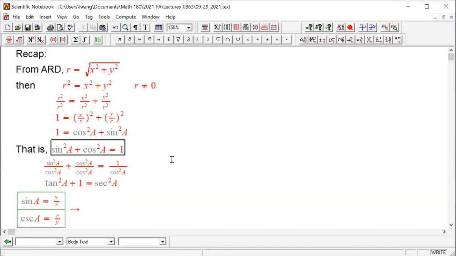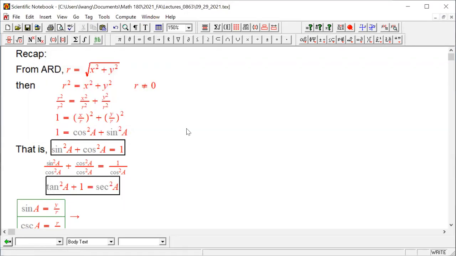From this identity, we derived the other one. These two are used very often, and you can see where they came from, right? They come from the definition. And if you dig even deeper, they come from the Pythagorean theorem.